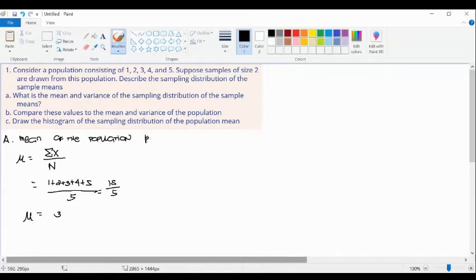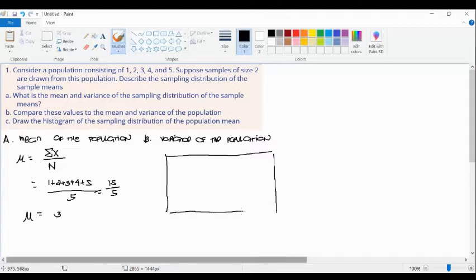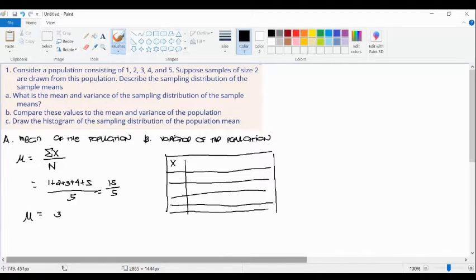Next, we're going to compute the variance of the population. So what is the formula for the variance of a population? We're going to make a table for this one. We have our random variables x: 1, 2, 3, 4, and lastly 5.